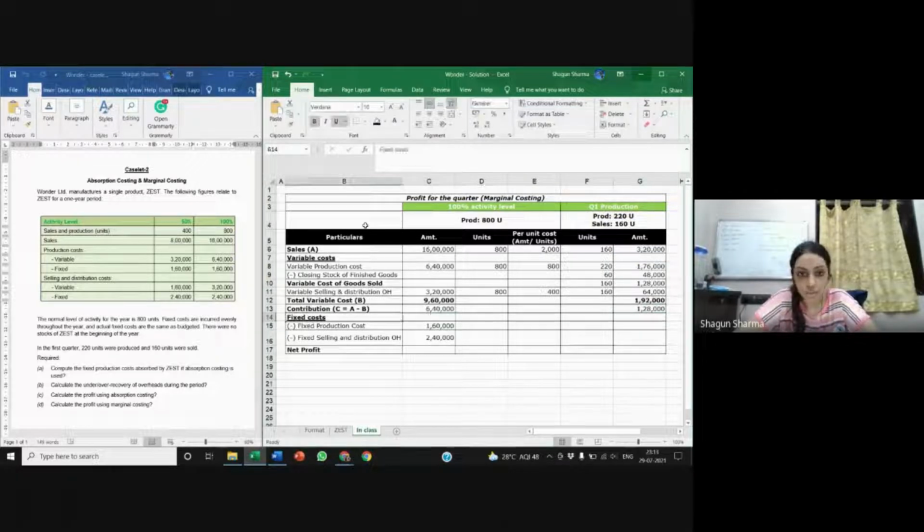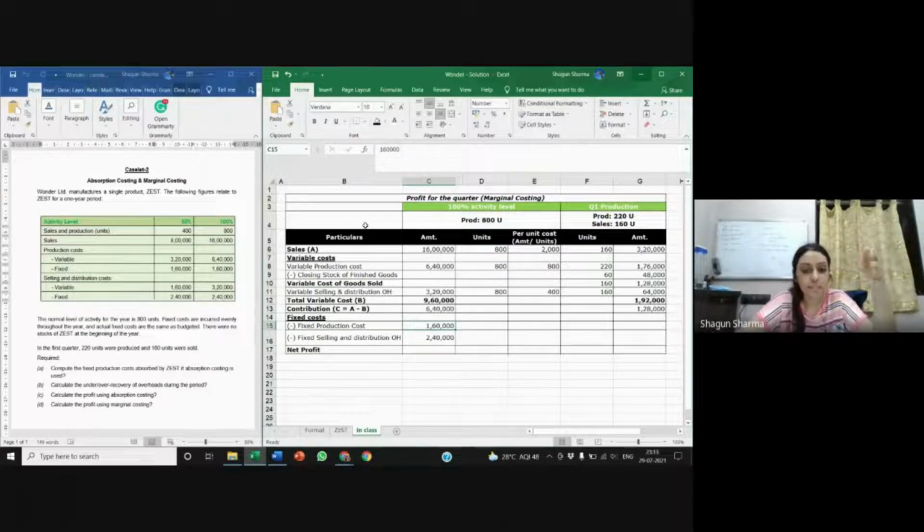Now, when it comes to my fixed cost, what happens is this 1,60,000 has been incurred for the entire year. Right now, I am making a calculation for just Q1, right? Fixed costs do not vary as per the number of units, but they are a function of time, like rent or electricity.